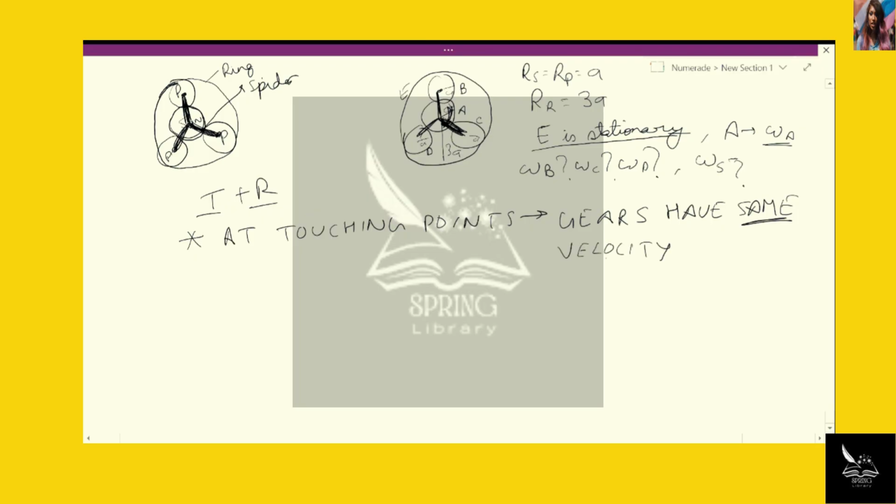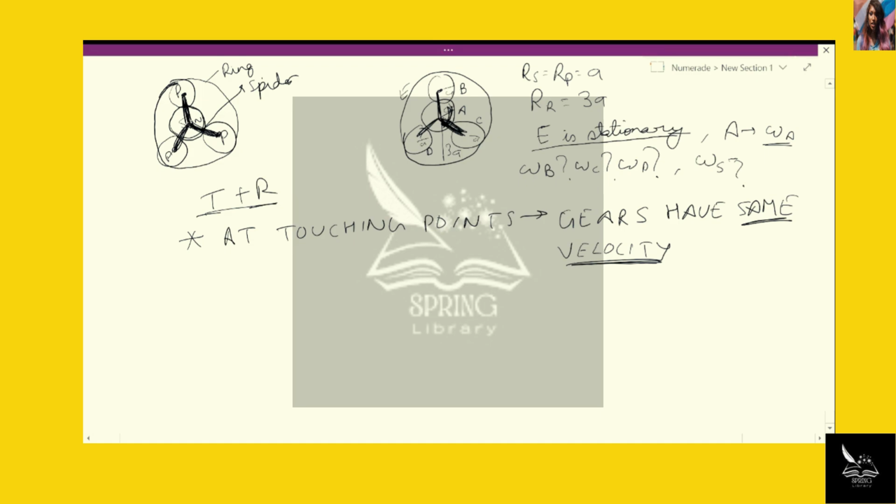Because if they don't, then the teeth will start eating into each other rather than smoothly gliding over each other. So using these two facts, by breaking the motion into translation and rotation, and remembering that at the touching points gears must have the same velocity, we can solve this problem.